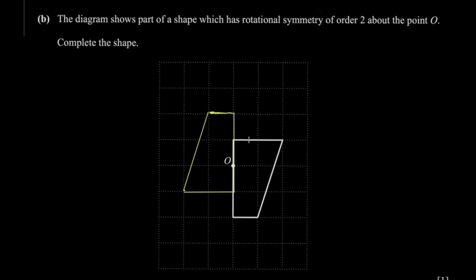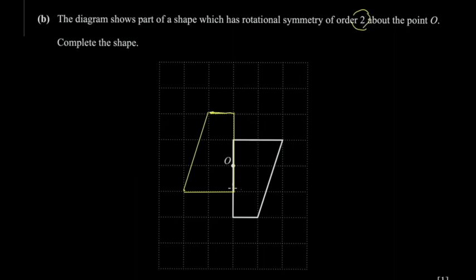Okay, so what we did was a little bit of non-routine work to figure out exactly what we have, and also how we can manipulate what we have to make it such that if you rotate it 180 degrees, which is the number that corresponds to order 2, then we'll be able to get the same shape again.